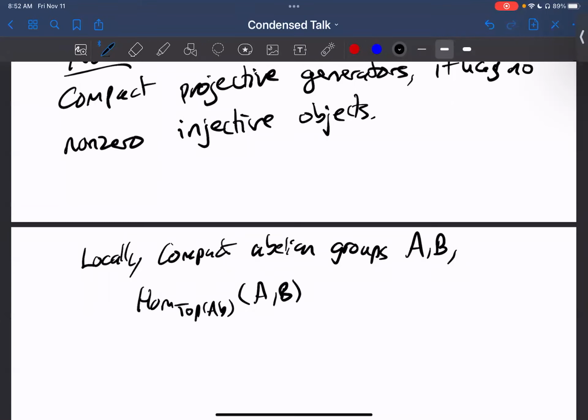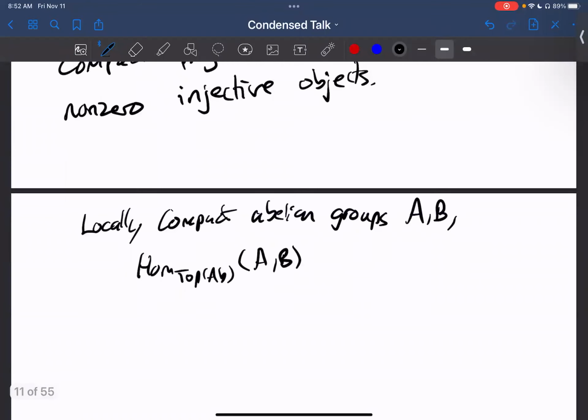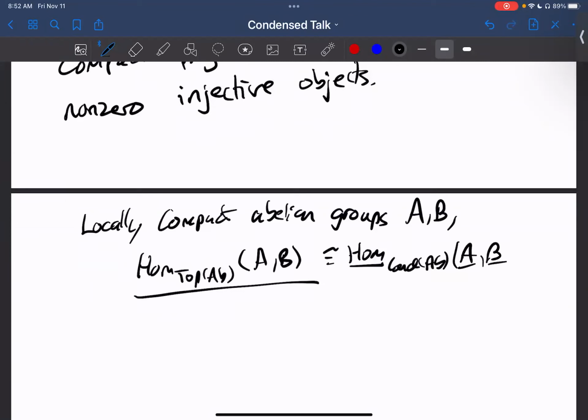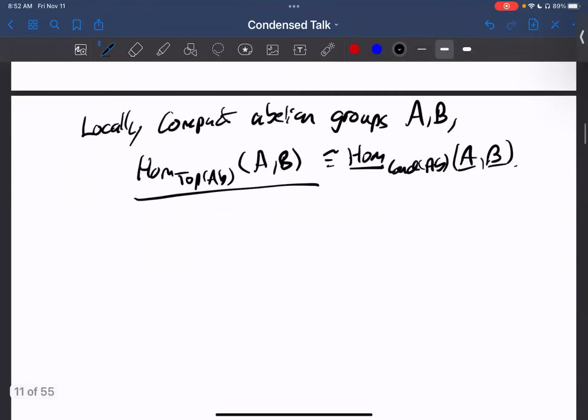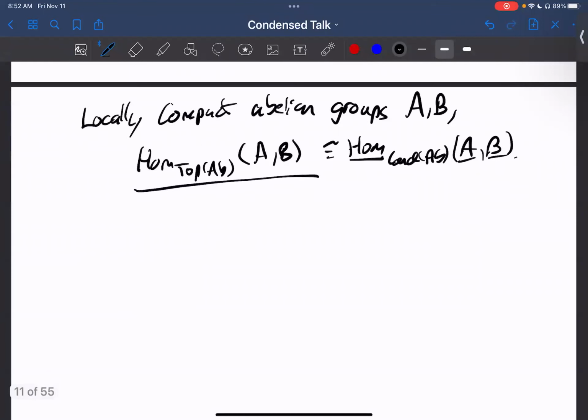This is an internal Hom considered in the compact open topology. And then we can go ahead and condense this. By the underline here, I mean I'm taking the condensed abelian group on these topological spaces. Now this is canonically isomorphic to the condensed Hom of their underlying condensed sets.